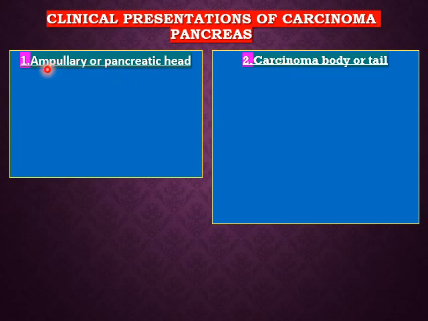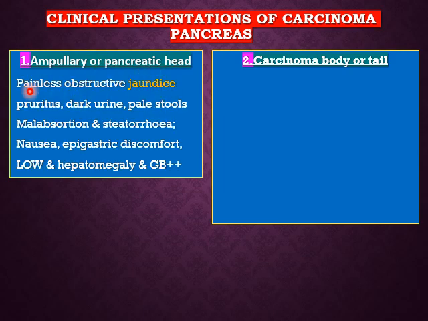In the first group, the ampullary or pancreatic head carcinoma, the patients present with progressively painless obstructive jaundice, pruritus, dark urine, pale stools, malabsorption and steatorrhea, nausea, epigastric pain or discomfort, and definite evidence of loss of weight, hepatomegaly, and a palpable gallbladder.